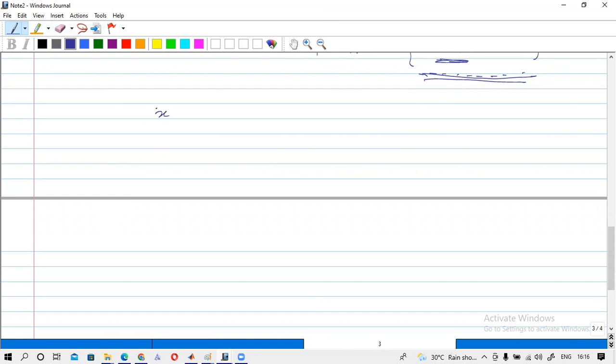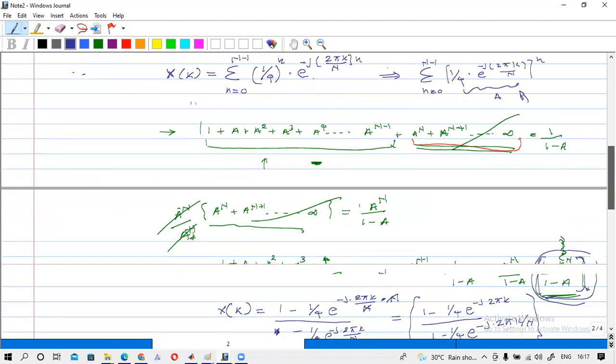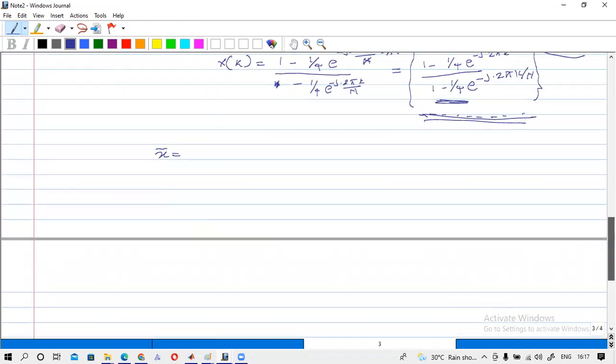So here we have x bar n. What is that signal?